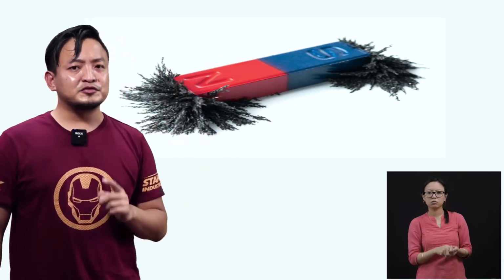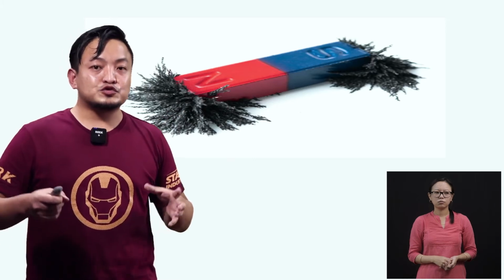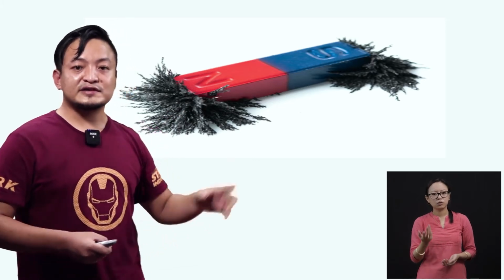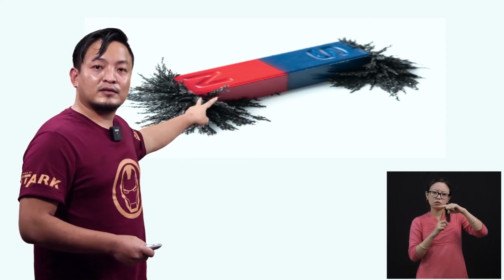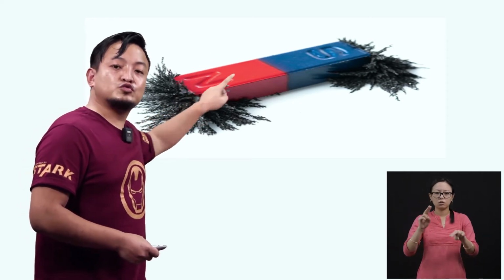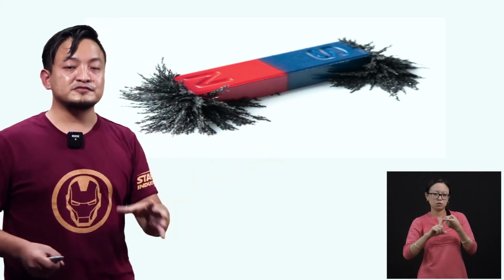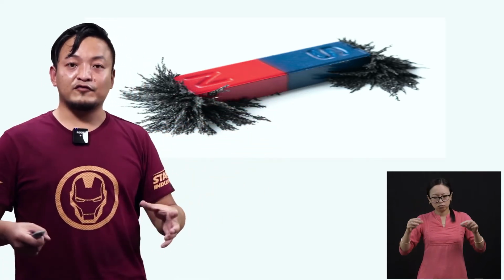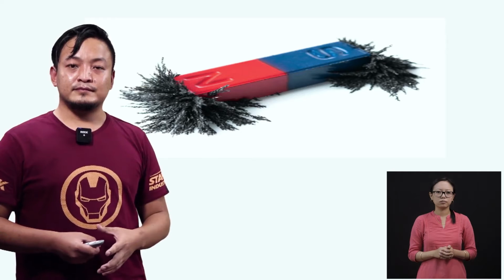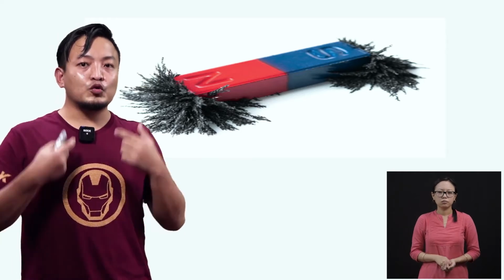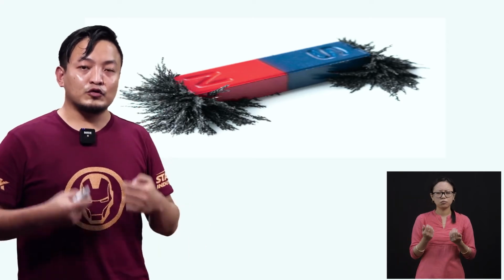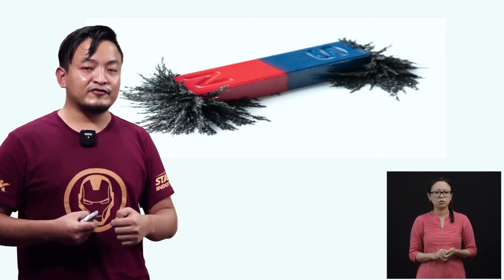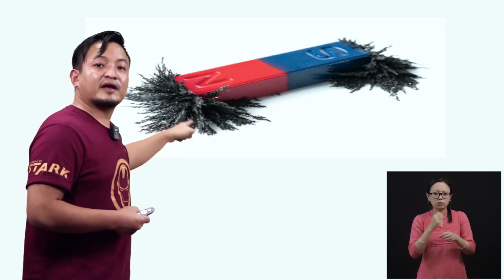Dear students, the reason is there is a strong magnetic force at the two ends of the magnet. Okay? At these two ends of the pole, there is strong magnetic force. Now students, though we do not see the magnetic field lines, there are magnetic field lines.